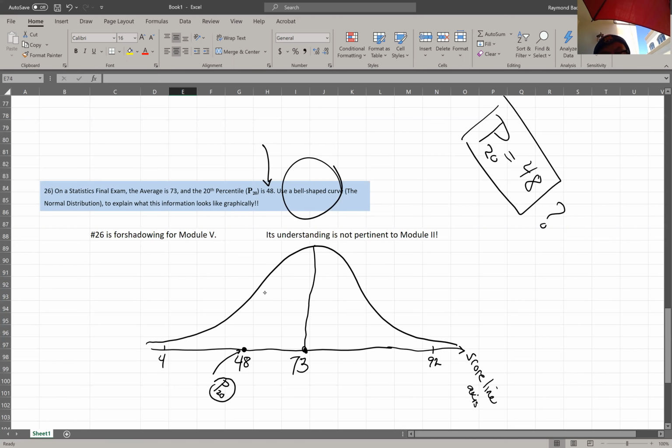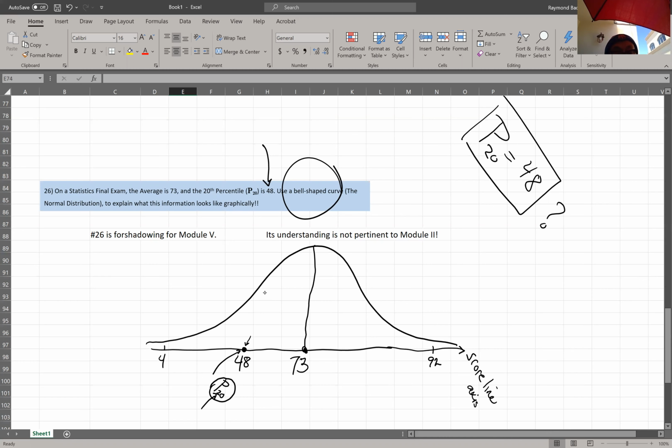Okay, we get that, but what does 20 have to do with anything? I know that point happens to be the 20th percentile, but what does 20 mean? That's precisely the purpose behind this exercise.